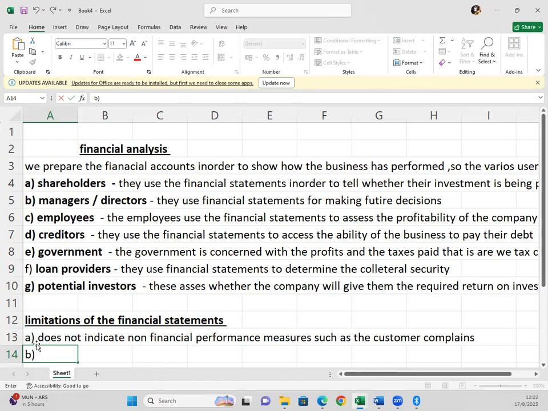Now let's move on. The other problem that financial accounting has is that it only tells us what has already happened in the past.